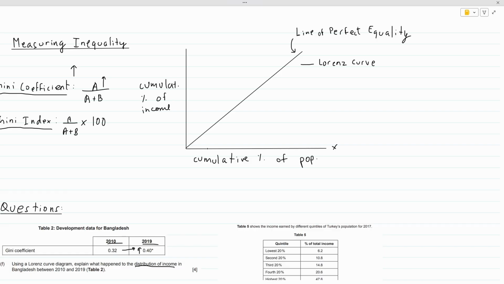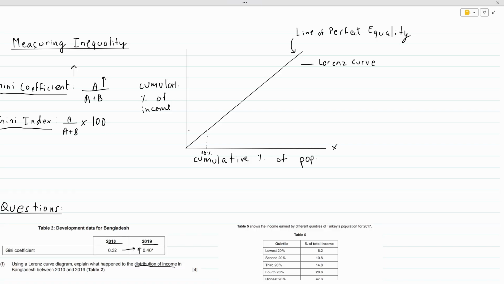So let's say that we take this point, which represents the bottom 10% of the population. So here 10% represents the bottom 10% of income earners, basically the bottom 10% who are the poorest.